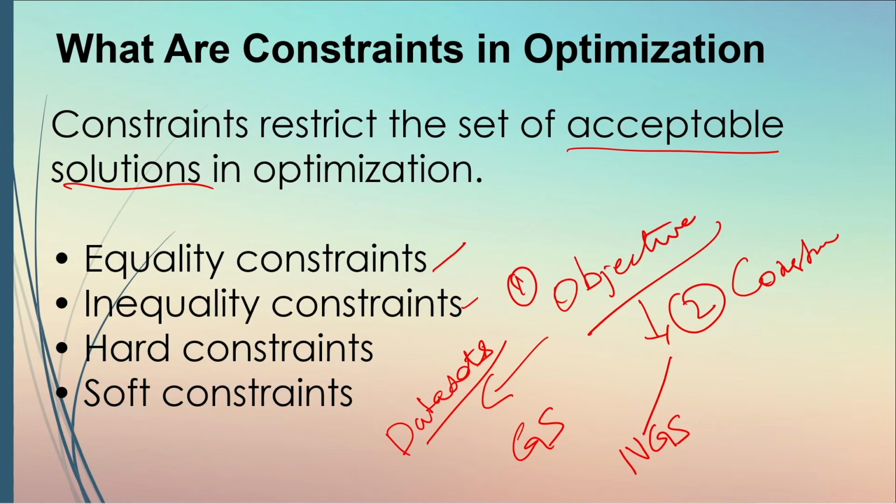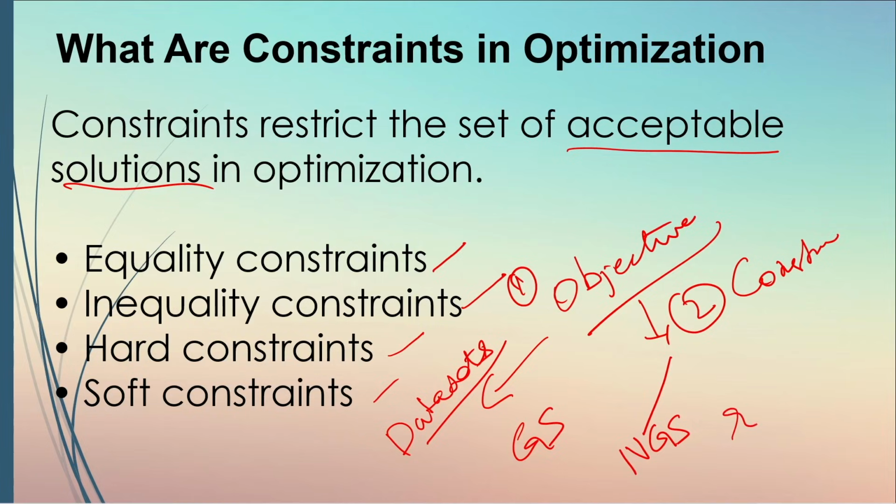So in general, what is a constraint? A constraint is a restriction imposed on the objective function. There are a lot of constraints: equality constraint, inequality constraint, hard constraint, soft constraints. So while solving any optimization problem, you should always be ready to face the constraint.